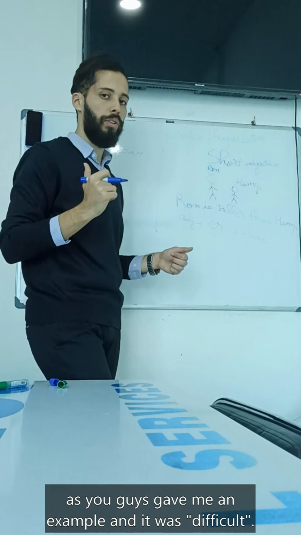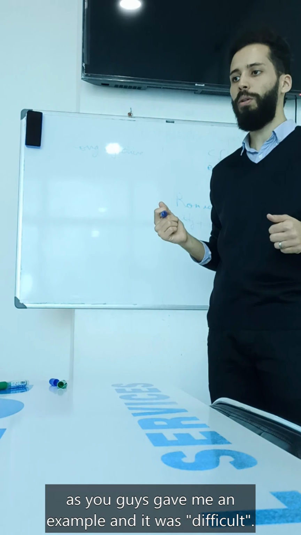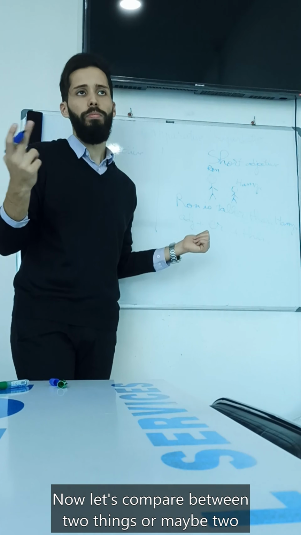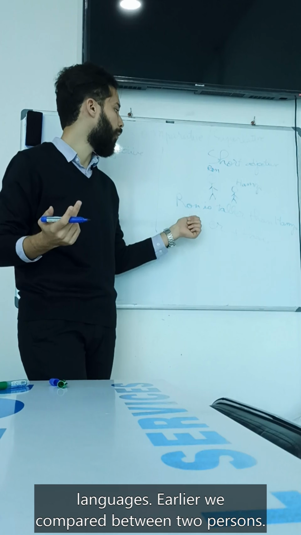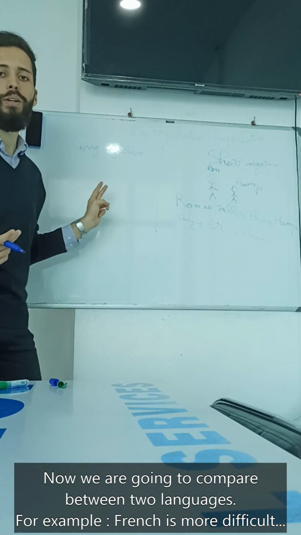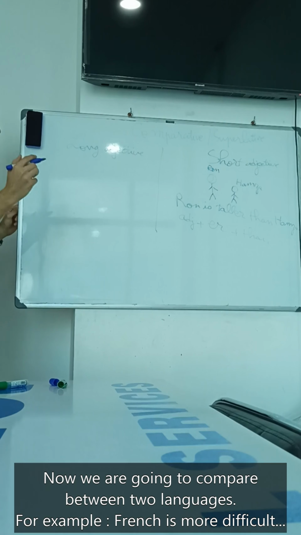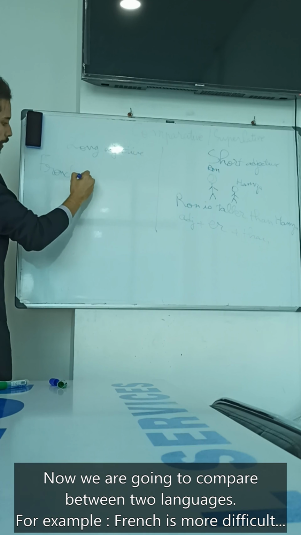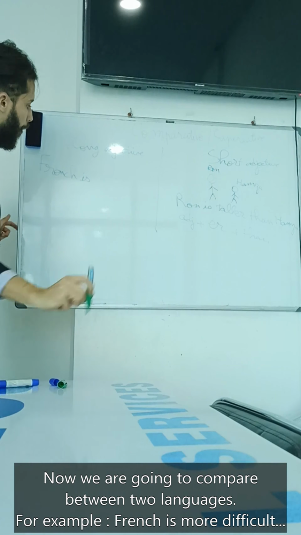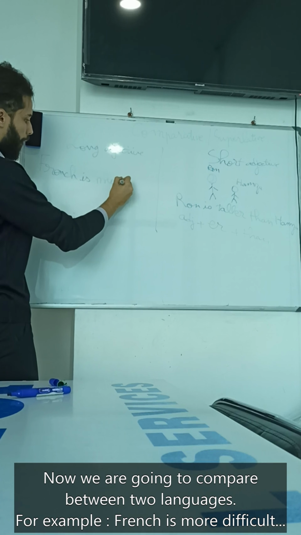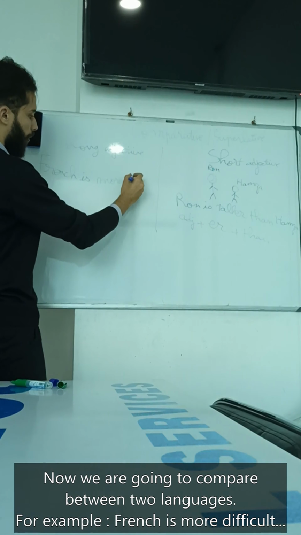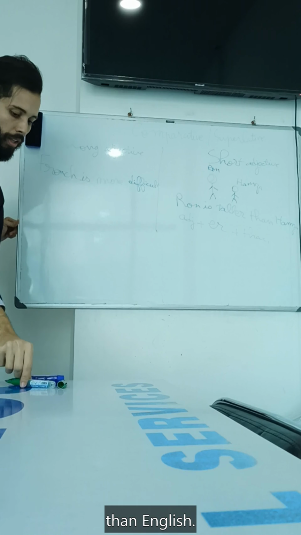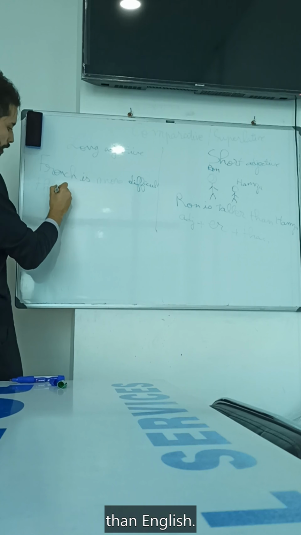As we said, you gave me an example, and it was difficult. Now, let's compare between two things or maybe two languages. Earlier we compared between two persons. Now we are going to compare between two languages. For example, French is more difficult than English.